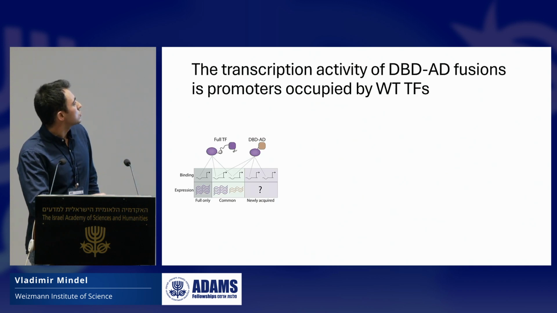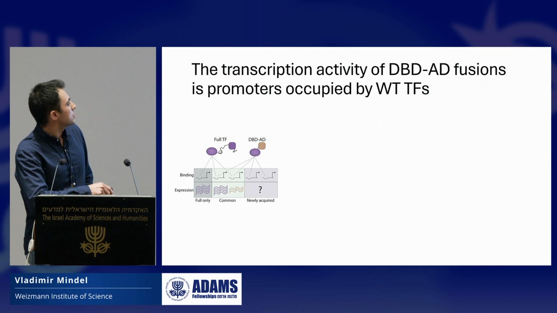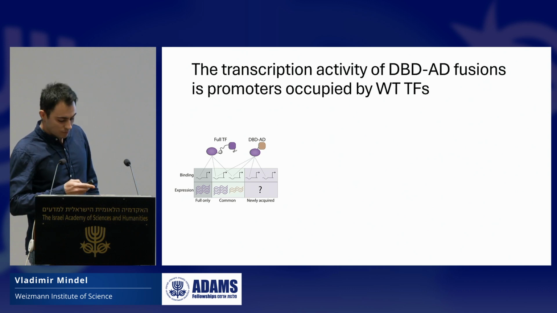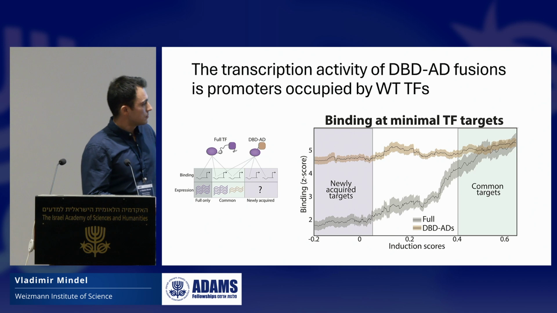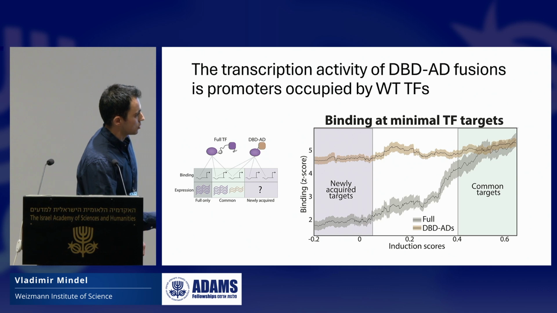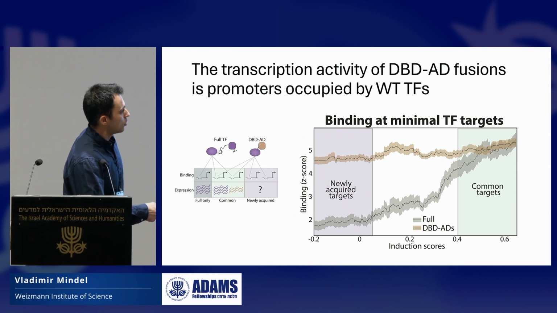And if we focus on two groups of DNA the transcription factor can bind, those that are shared between the full-length transcription factors and the minimal DBD-AD fusions, and those that are newly acquired, we can see on this graph that the regions that are induced, this green box on the right end, happen only when those two lines, the gray and the brown, collide together.